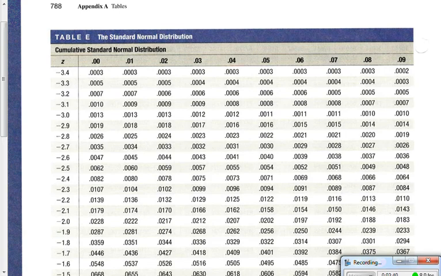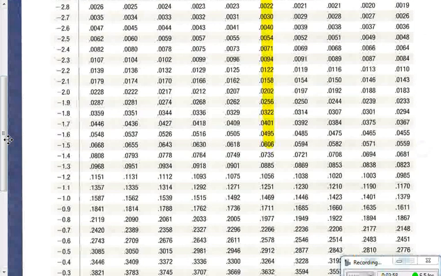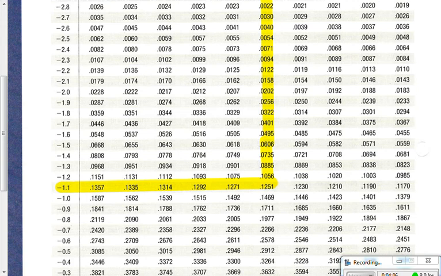So on that table again, looking at the negative values, the negative 1.15, so our hundredths place is going to be the 5s, and the negative 1.1 over underneath the 5. That gives us a 12.51, a 0.1251.